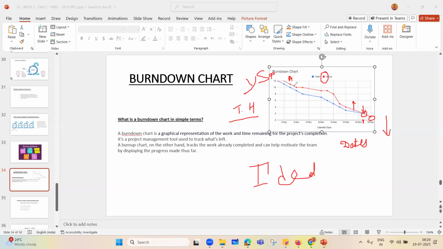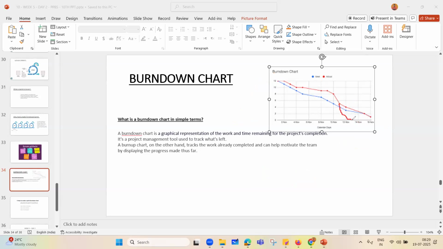But the red line might have gone somewhere down. Let me clear it and tell you again. Say for example, from here it is coming down and completing here. This becomes the actual. Now I'm asking, if your actual line is below the ideal line, are we ahead of time or behind time?